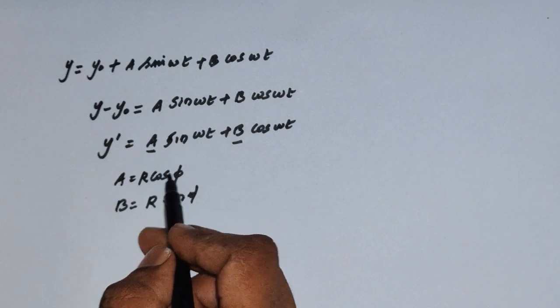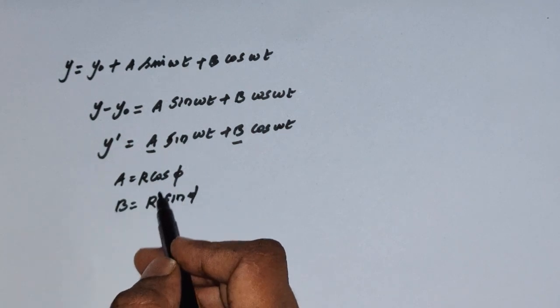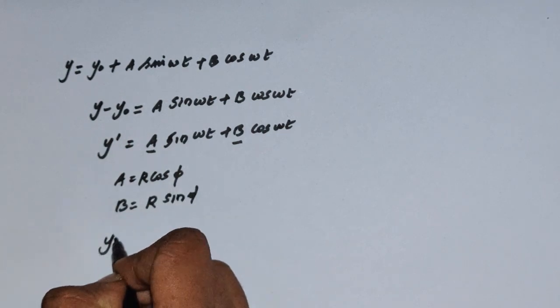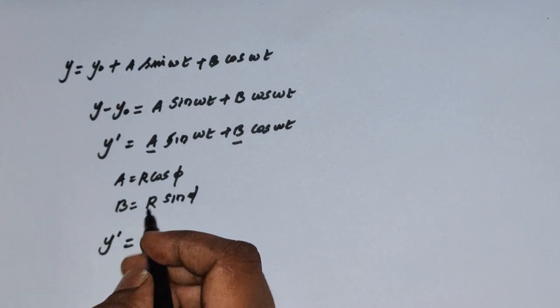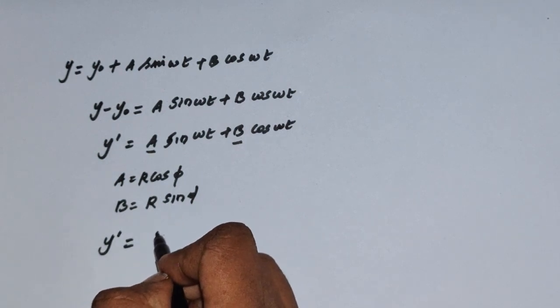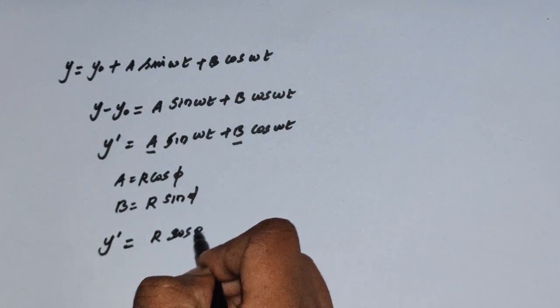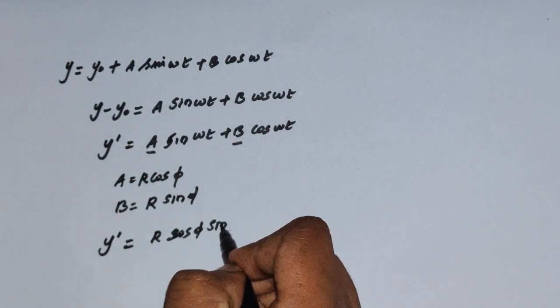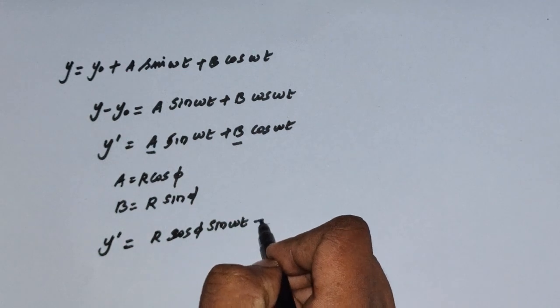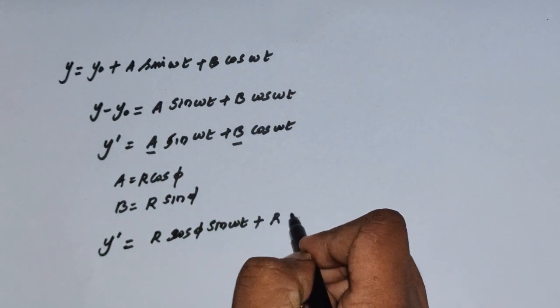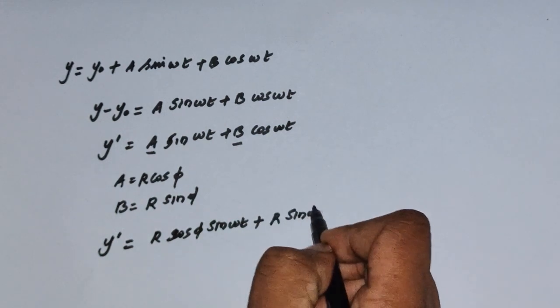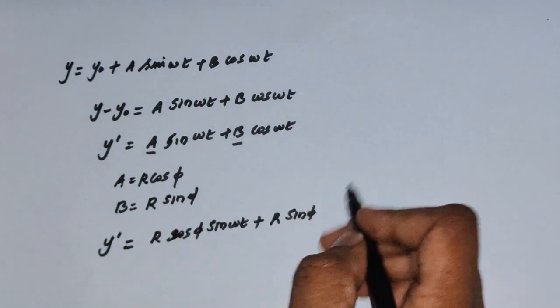When phi equals pi by 2, a is 0 and b is r. So hence the new y equals r cos phi sin omega t plus r sin phi cos omega t.